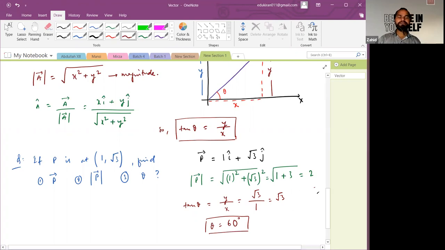Is it clear to this part? Do you have any doubt till this?